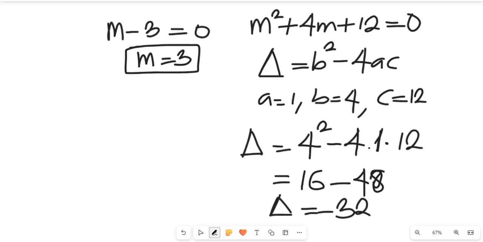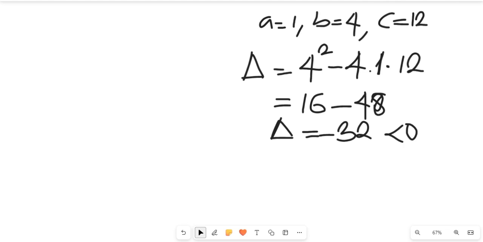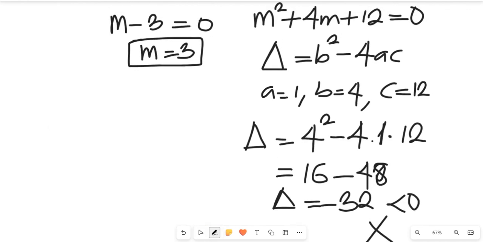Negative 32 is less than 0, so that tells us that the solution to that quadratic equation, if properly solved, will give us imaginary solutions and not real solutions. As a result, we are going to neglect this solution. So the only real solution we'll have for this expression is m equal to 3.